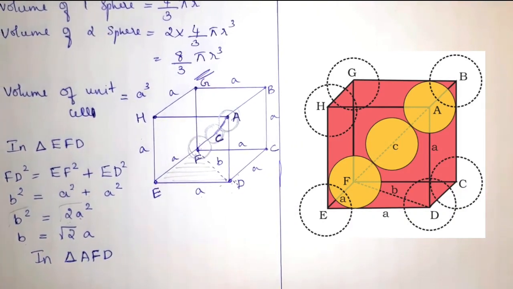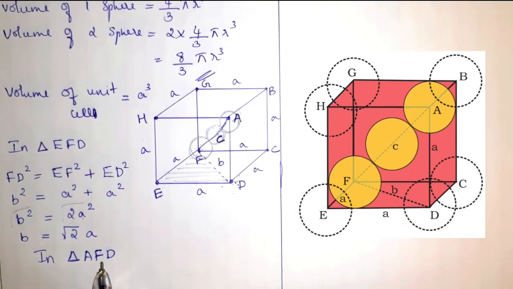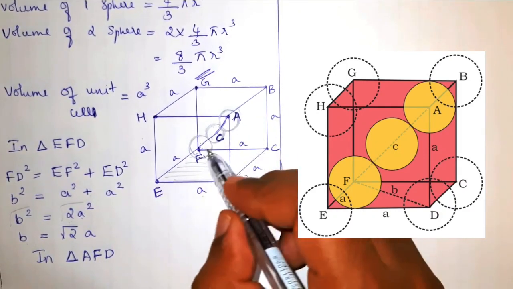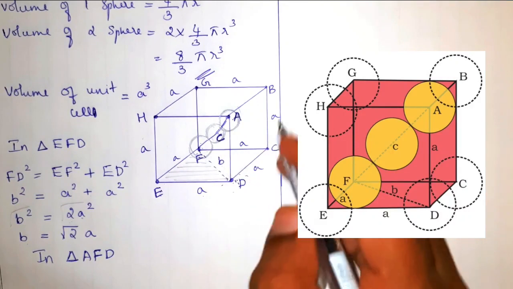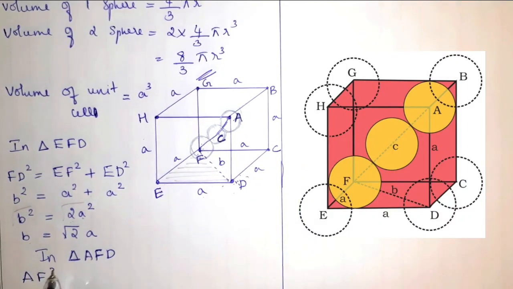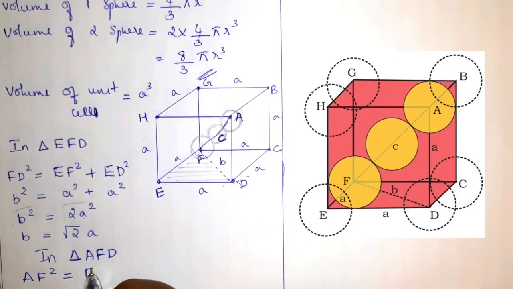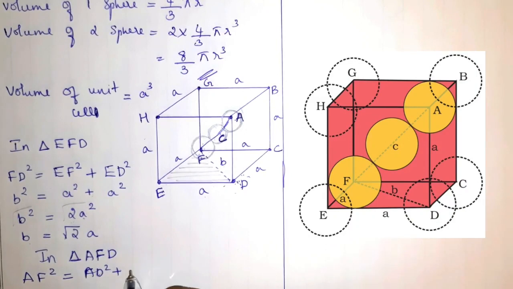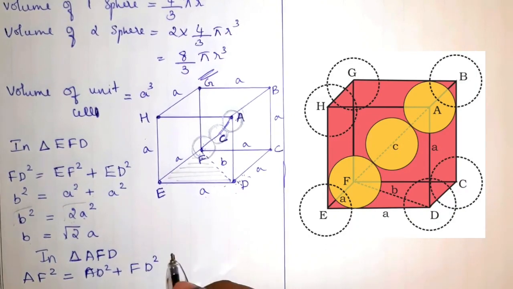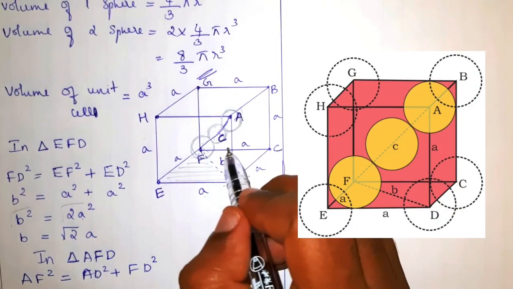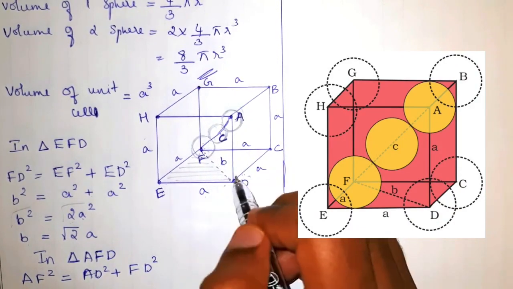So triangle AFD, when you take, you have to take AF square. AF square is equal to first you can take AD square plus FD square. So AF square is equal to AD square plus FD square.